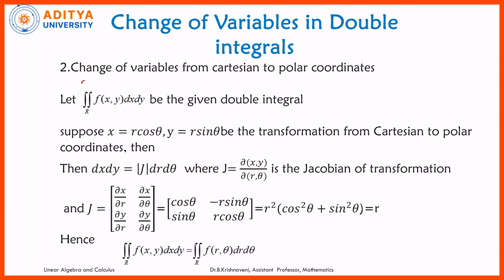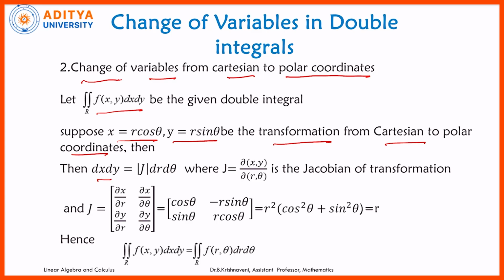Now the second one is how to change the variables from Cartesian to polar coordinates. Let us consider the double integral over R f(x, y) dx dy. In this transformation, we take x is equal to r cos theta, y is equal to r sin theta, the transformation from Cartesian to polar coordinates.